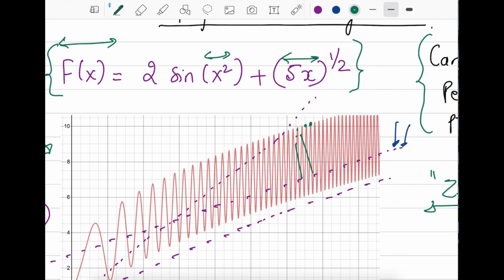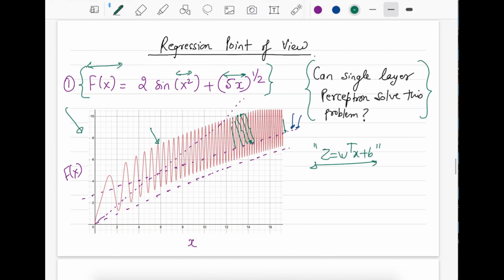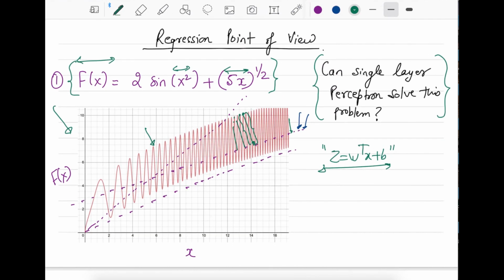If you make a 90-degree projection onto whatever line it is, you can see the amount of error it is incurring here. This is not desirable because this particular line is not a proper fit to this equation. Because of this problem, we had to think about whether the single layer perceptron is really worth it or not.